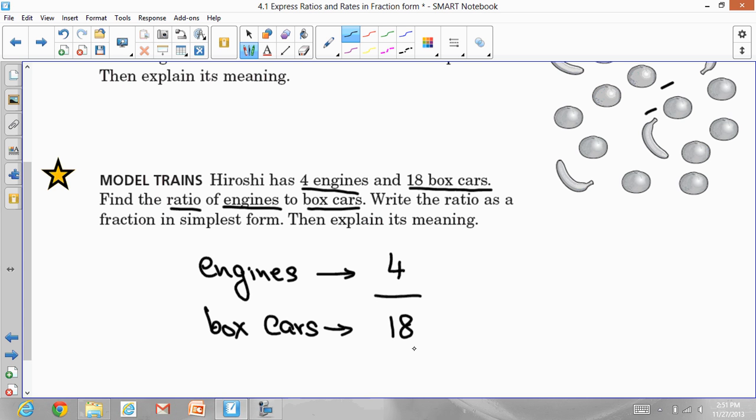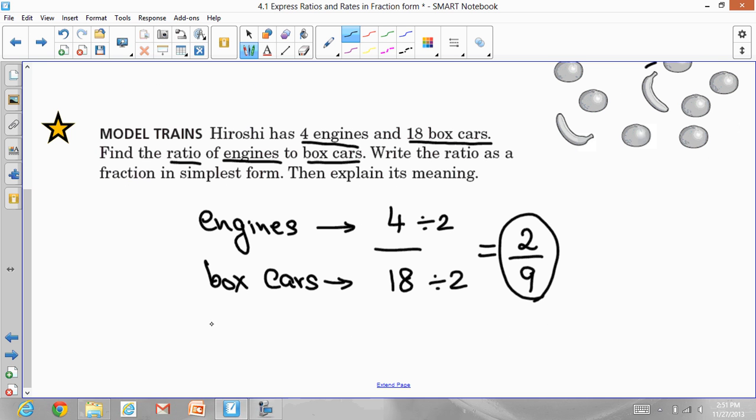I'm comparing the number of engines to the box cars in the form of a fraction. It looks like a fraction, but it is actually not a real fraction. I'm going to divide this by 2 and this by 2. 4 divided by 2 gives you 2, and 18 divided by 2 gives you 9, which is the answer. So 2 over 9.